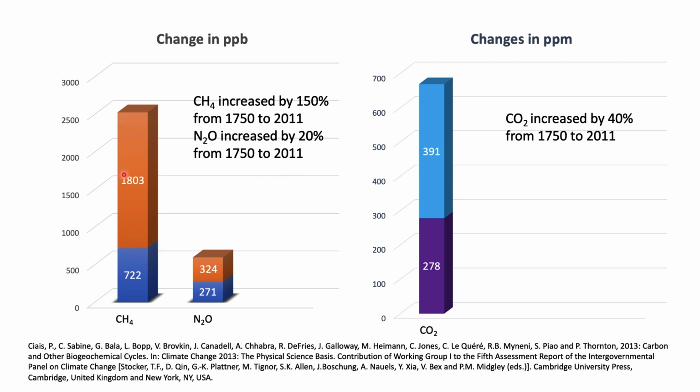So here are the changes in the ppb levels. From 722 it had increased to 1803 parts per billion. And when we look at the change in carbon dioxide concentration, there is an increase of 40% from 1750 to 2011. So currently we have close to 400 ppm of carbon dioxide in the atmosphere.